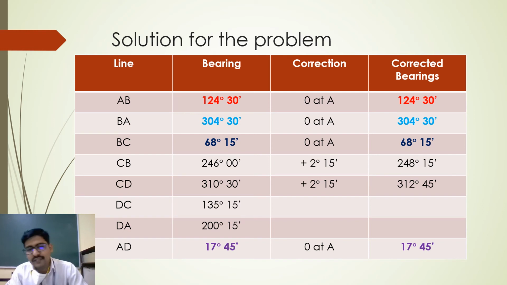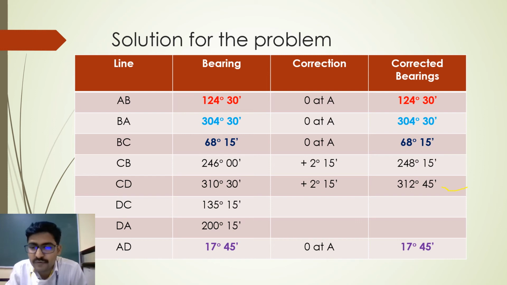Now you have already corrected the fore bearing of CD, and the correct fore bearing of CD is 312 degree 45 minutes. So this is correct. Now you are supposed to get the back bearing of CD. So back bearing of CD, how I am going to get is either by adding 180 degree or by subtracting 180 degree.